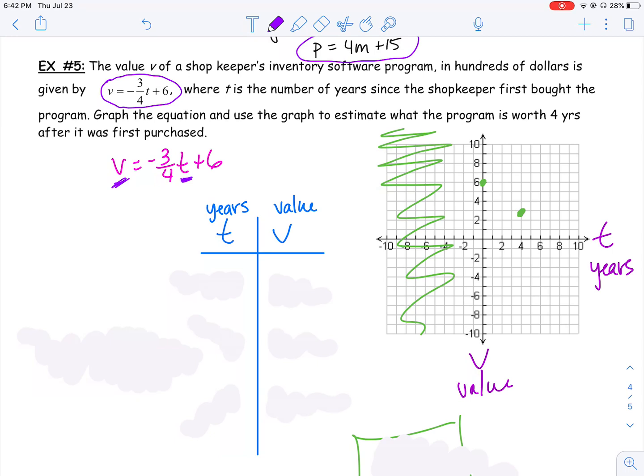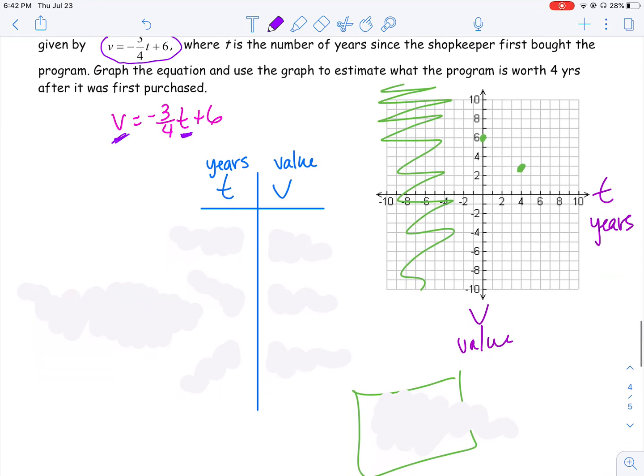So doing the same thing that we did in the previous example, last video, we picked certain t values and found the v that went with it, or picked a v value and found the t that went with it. Finding a bunch of ordered pairs that work will tell us what our graph's going to look like. So I'm going to pick some t values, some years. Let's start off easy. Let's do 0.